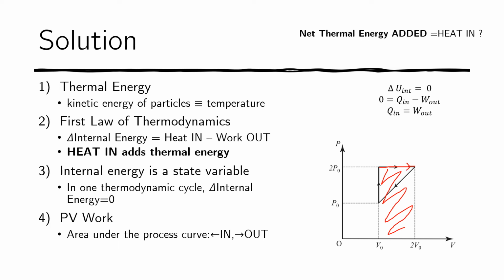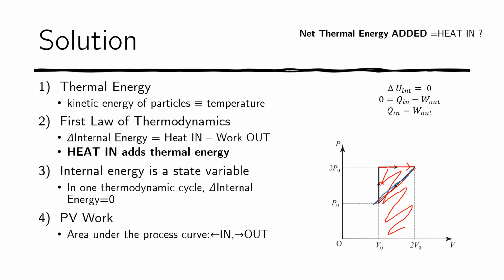For the first process, the volume doesn't change, and so also the area under that is 0, so nothing. There is no effect on the work for this first process. Now for the last process, this process here, let's give that a different color, let's say blue.